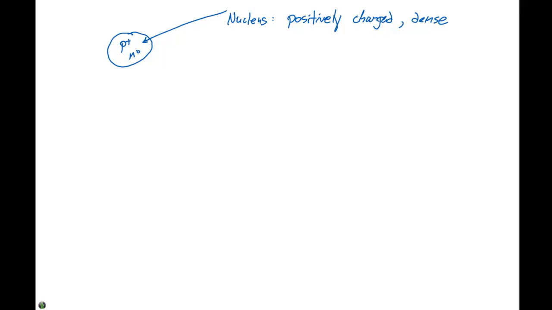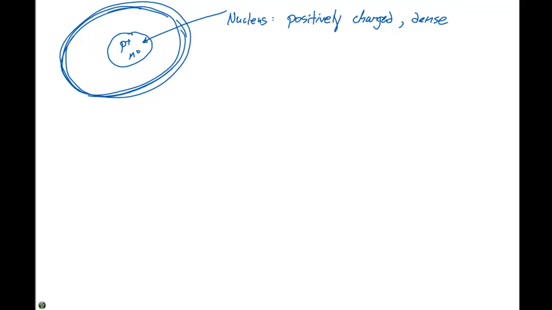The electrons are going to orbit the nucleus. So here we have our electrons out here orbiting the nucleus. These are going to be negatively charged. And they are in constant motion.